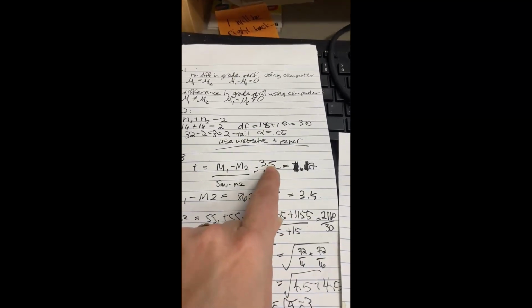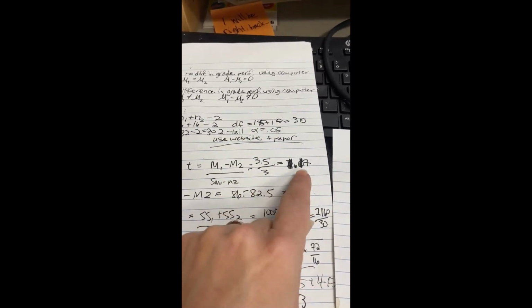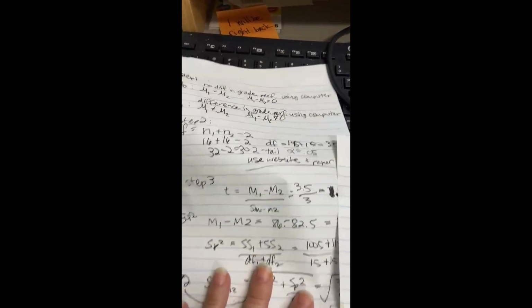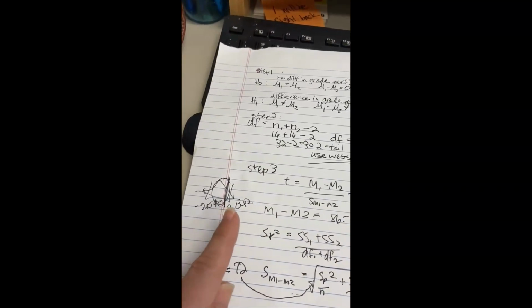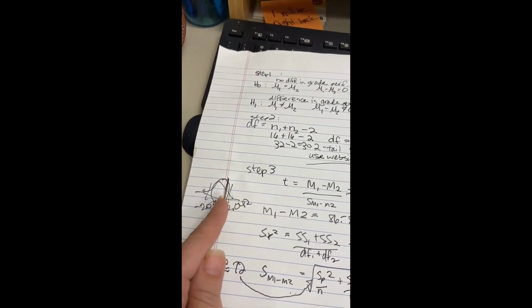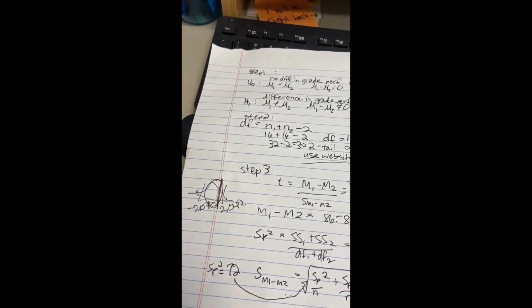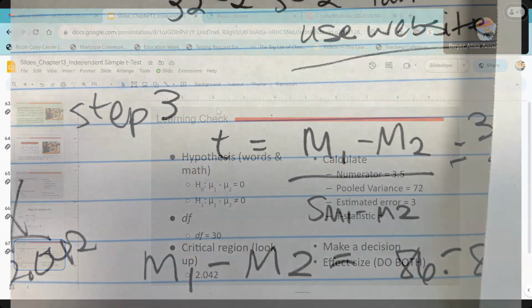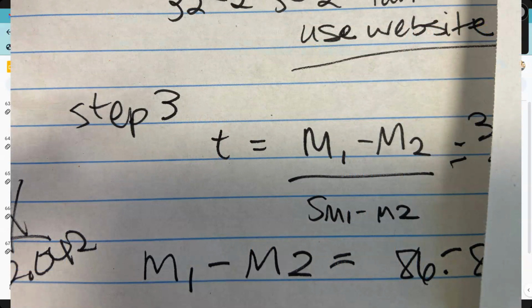So we're going to have that 3.5 over the 3. We get 1.17. That 1.17 for our decision making is in that white region, the fail to reject the null region. When we do 86 minus 82.5, we get 3.5, which is the top of our t.